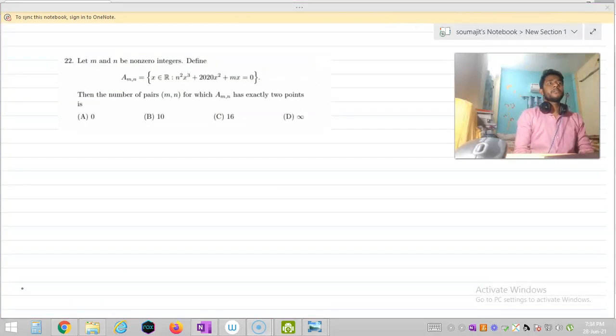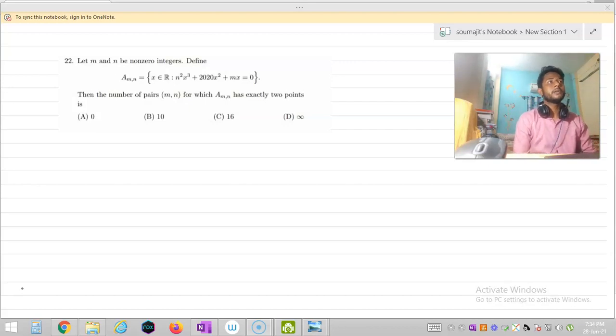Question number 22 says that m and n are non-negative integers, and A(m,n) is defined as the set of all x belonging to R such that n squared x cube plus 2020 x square plus mx is equal to 0. Then the number of pairs (m, n) for which A(m,n) has exactly 2 elements.